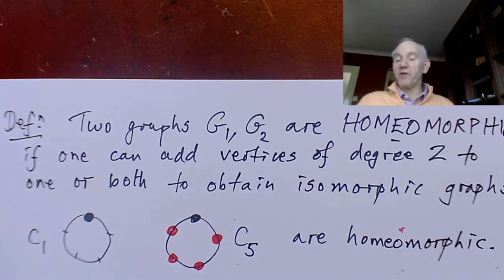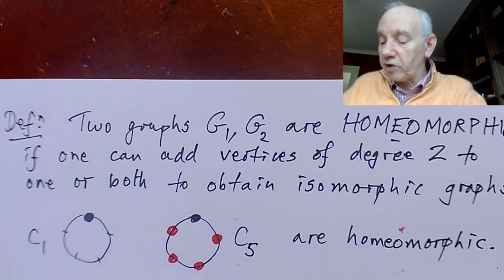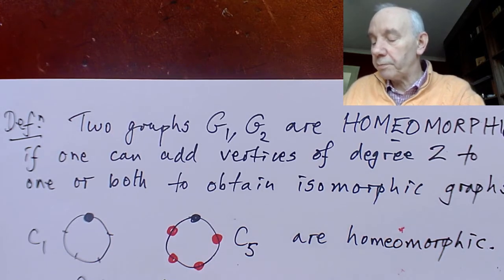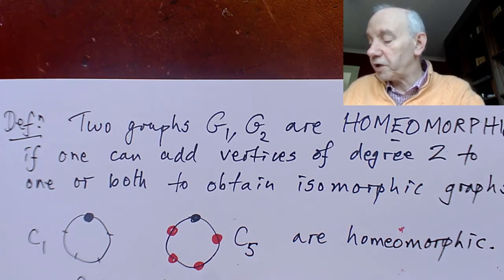So I've added 4 vertices to C1, none to C5, and these are isomorphic graphs, so they're homeomorphic. And by that token, all cycle graphs, that means when you just put points around a circle or polygon, are homeomorphic to each other.